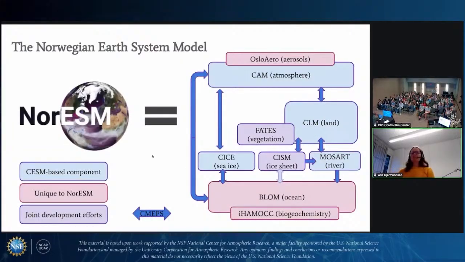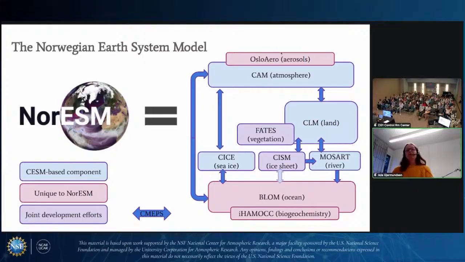We share a lot of components, in large part based on CESM. Here I show in blue the CESM-based components, like CAM, CLM, MOZART, and CICE. But then we have some unique components, like the ocean component, which is unique to NorESM, and also the ocean biogeochemistry.